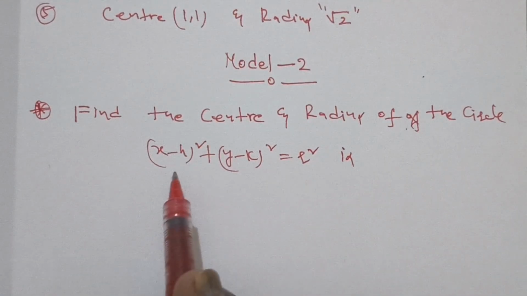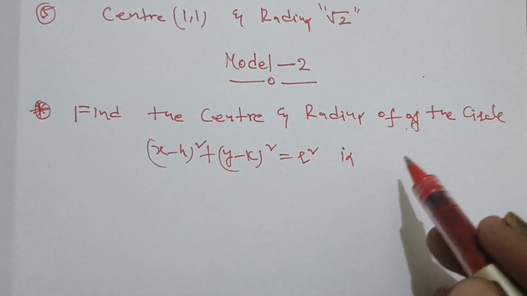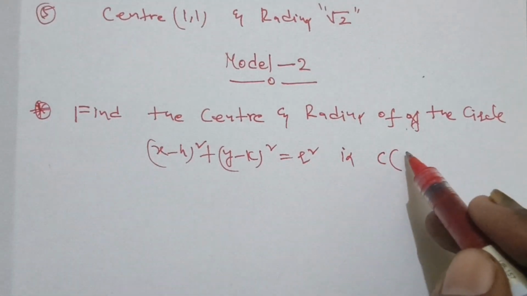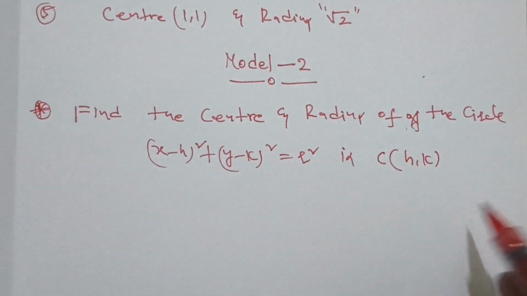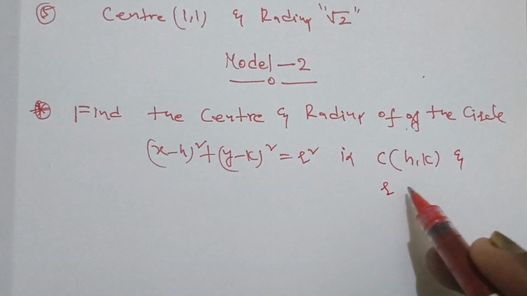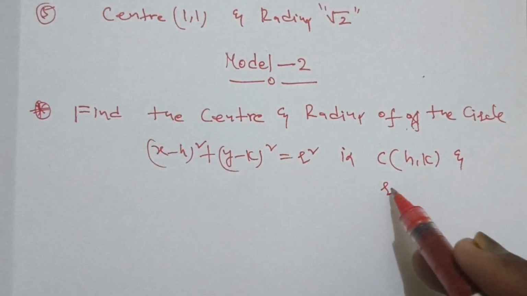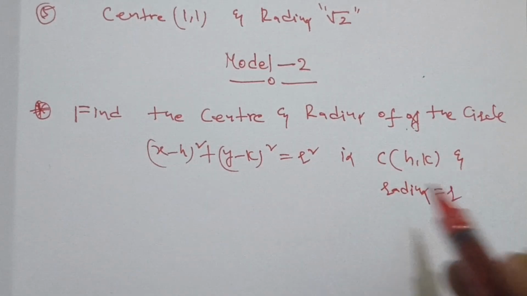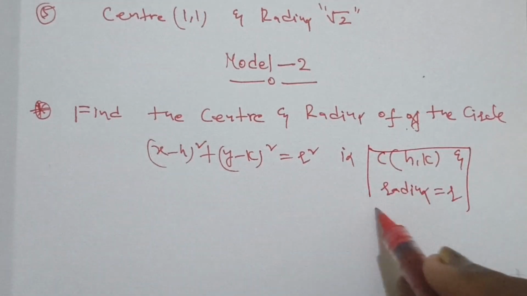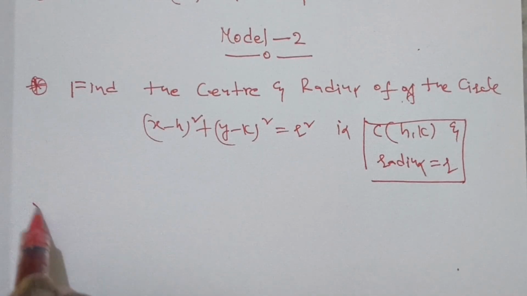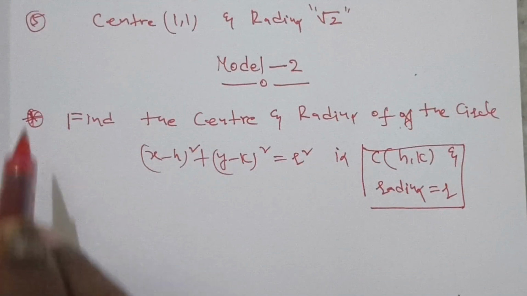If any circle equation is of this form, in such case we have the center C equals h comma k, and the radius r is the value on the right hand side, r. So this is the first formula to find the center and radius.